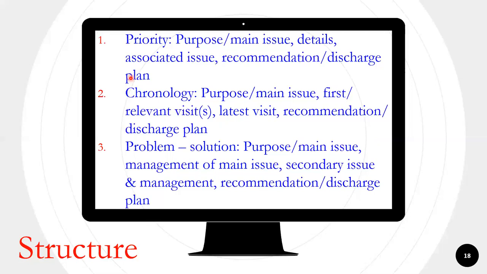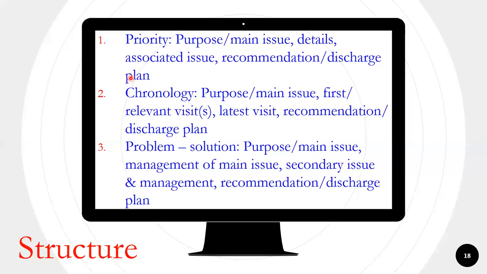Are you looking at priority? So you have the purpose of the letter or the main issue in the introduction. Then you come to the body where you have the details, then associated issues, then recommendations, discharge plan. In that order for the introduction, body, conclusion.